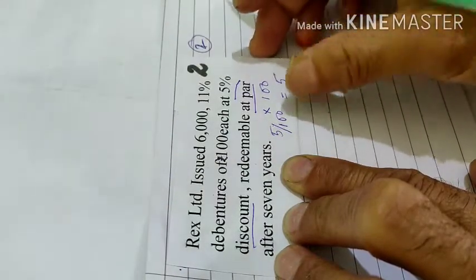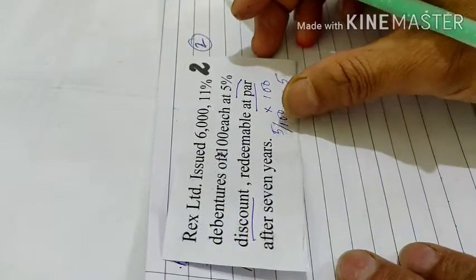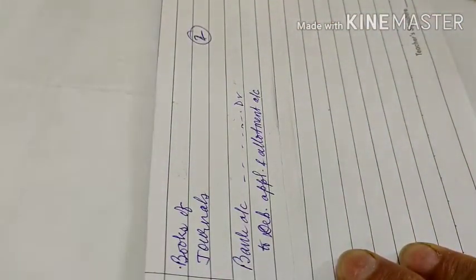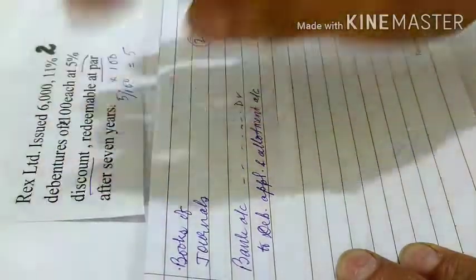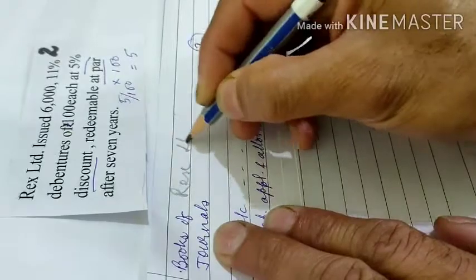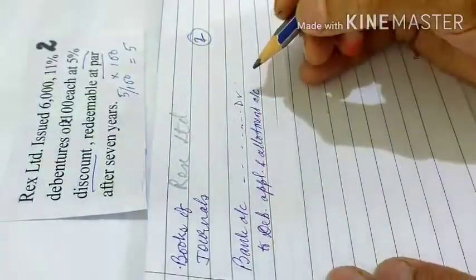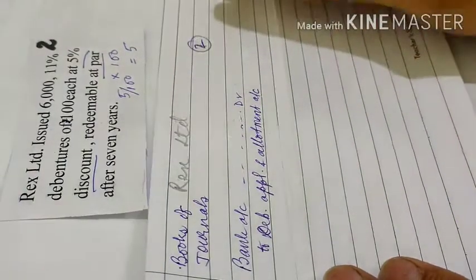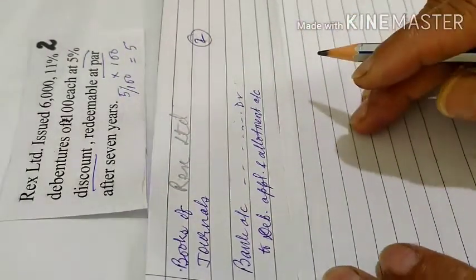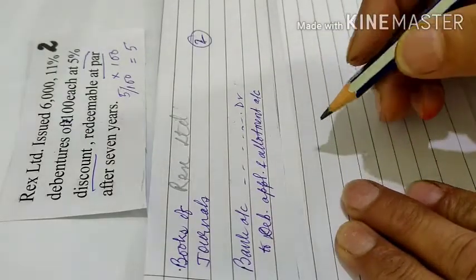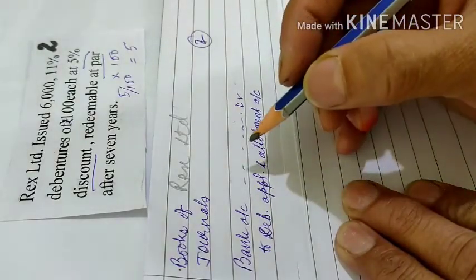So we go to the journal entries now. Let's see how it is written. We have books of Rex Limited. So Rex Limited journals. Here we have bank account debit to debenture application and allotment account. Now let's find out the amount. Bank account: what is the number of debentures?